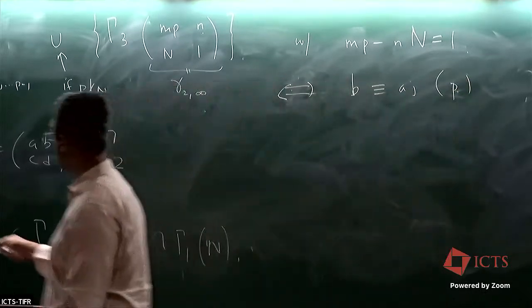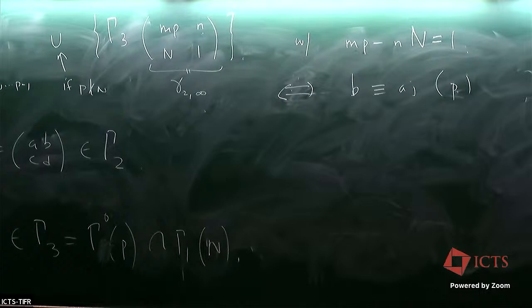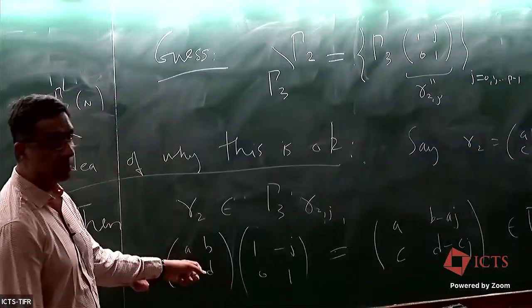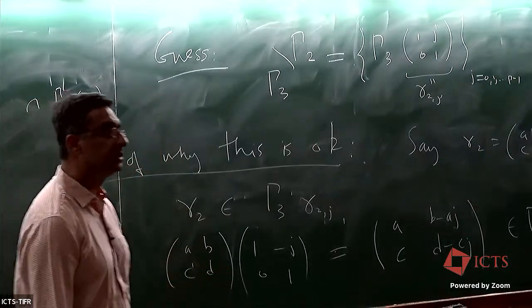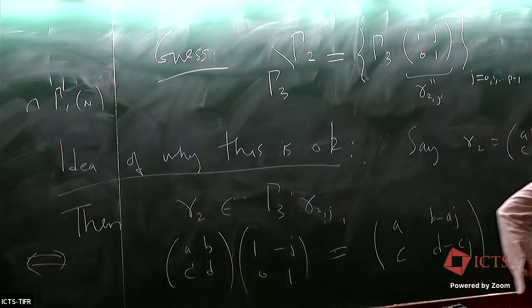Because you want this to be 0 mod P. All the other conditions are more or less free because ABCD was in gamma 2, which was gamma 1N. So we already have that A and D are congruent to 1 mod N. Right? Those other conditions are fine. The only new thing is that we need B congruent to AJ mod P.